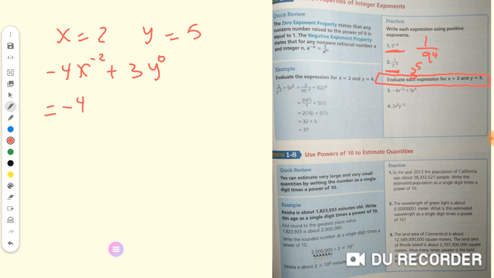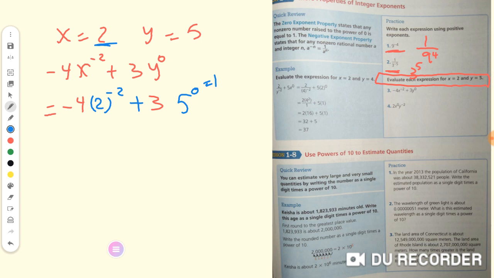Instead of x we should put 2 directly, so it's 2 to the power negative 2, plus 3, and instead of y we put 5 to the power 0. By the way, any number to the power 0 equals 1. So 5 to the power 0 equals 1.